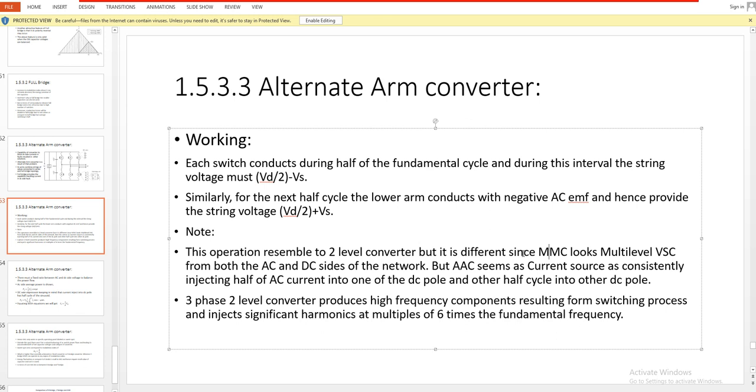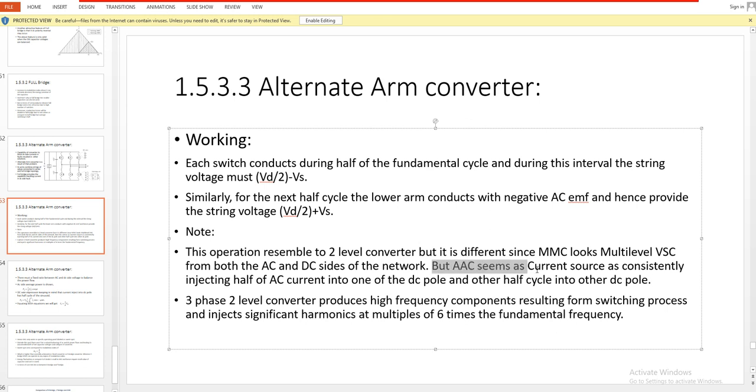Now, according to the literature, it is different from MMC. MMC looks like a multi-level voltage source converter from both the AC and DC side of the network, but the alternate arm converter seems like a current source, since it is constantly injecting half of the AC current into one of the DC poles, and the other half of the cycle into the other DC pole.